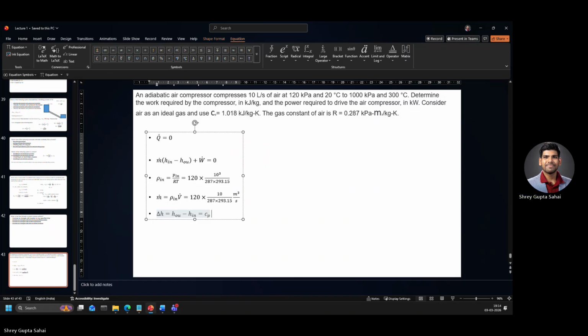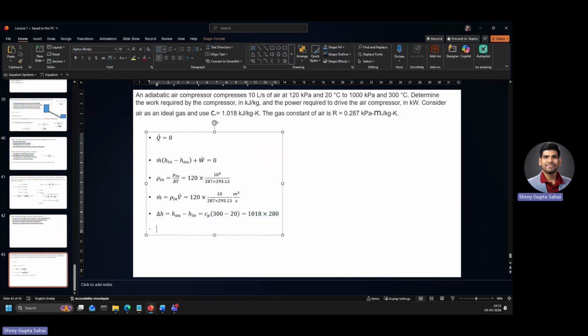Cp times T out minus T in, which is 300 minus 20, so 1.018 times 280, 280, isn't it? And this is in kilojoules. So this is 1018 into 280.